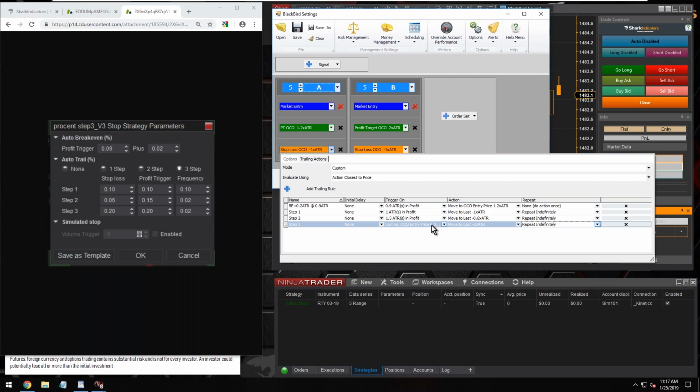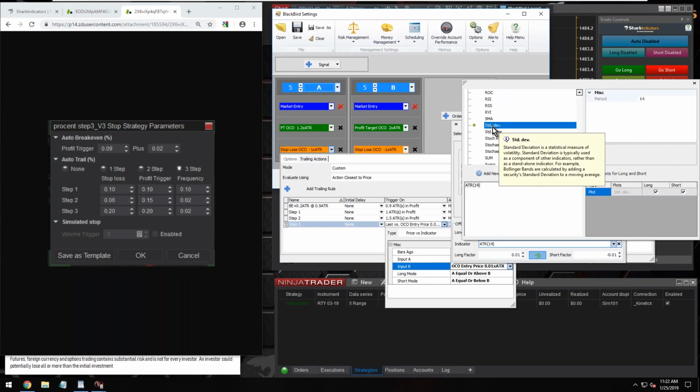Another thing you could use is the standard deviation. The output of the standard deviation is a measurement unit, kind of like an ATR. It's a distance. The ATR is giving you a distance, some kind of custom percentage indicator would give you a distance, and the standard deviation also provides a distance, not an actual price.